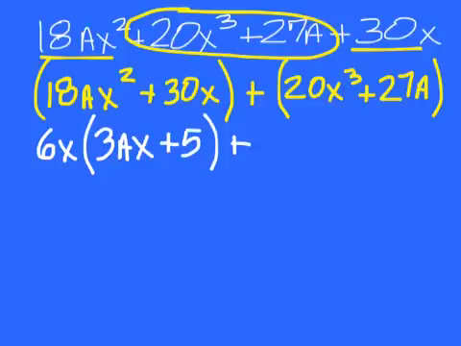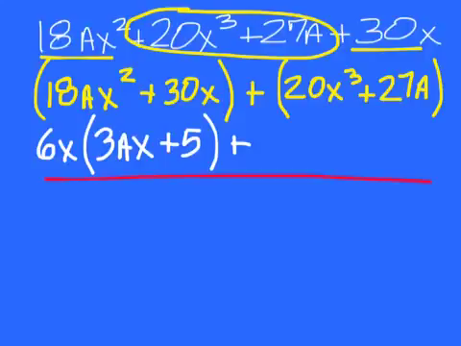Now over here on this side, I have a 20x to the third and a 27a. What do they have in common? Nothing, so I'm stuck. I can't go any further. That doesn't mean you write not factorable. It means you go back and start the problem again. So just draw a line here and then start over again.